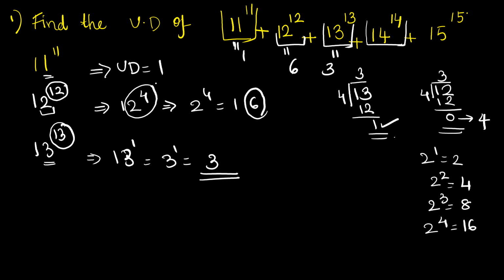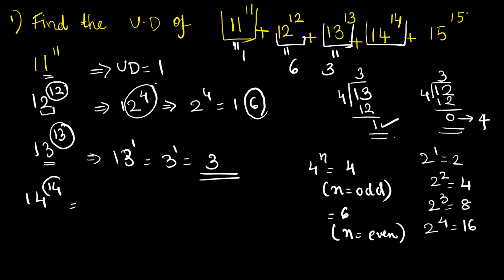Next is 14 raised to 14. In the case of 4, what did we do? 4 raised to n has unit digit 4 when n is odd, and the unit digit is 6 when n is even.